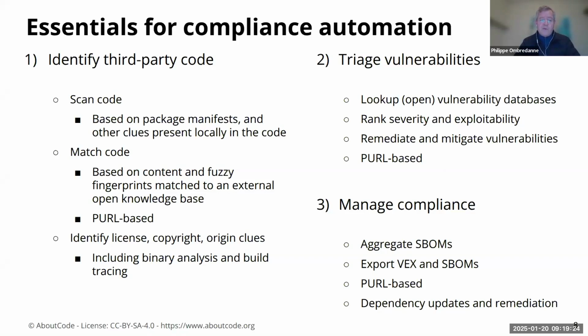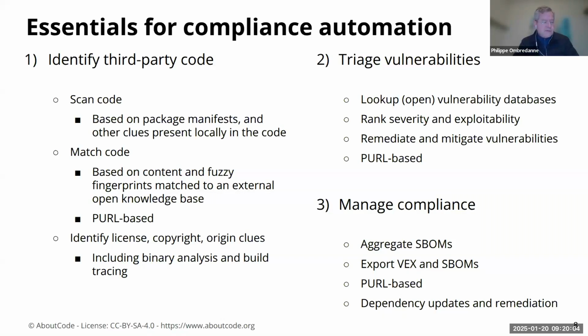There's no single open source, no single commercial tool that gives us a simple answer to a fairly simple question, which is, given a product that I distribute, sell, deploy, what is the exact set of third-party code, packages, their versions, where they're coming from, that is included in this product? And of course, you want to know what's the license and what's the copyright, and are there known security issues?